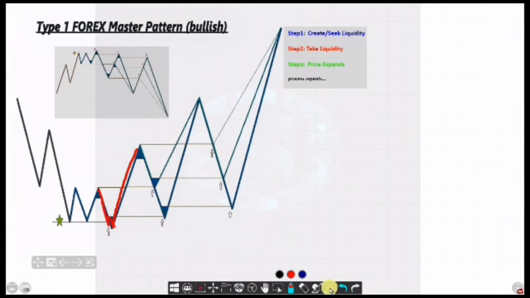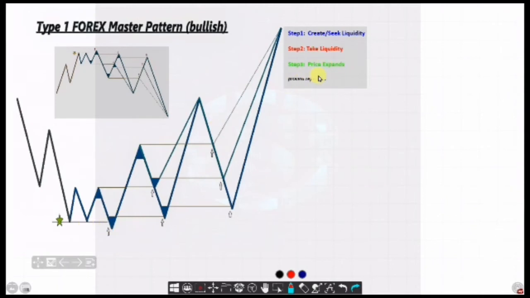So if you have it as the liquidity providers or the big traders, after taking the sell side liquidity, it just makes sense for them to take the price to the upside. Okay, and that's what you have, guys.